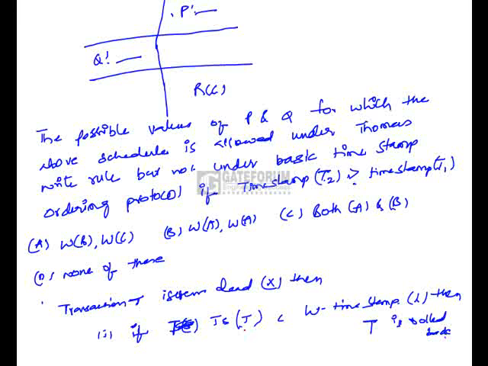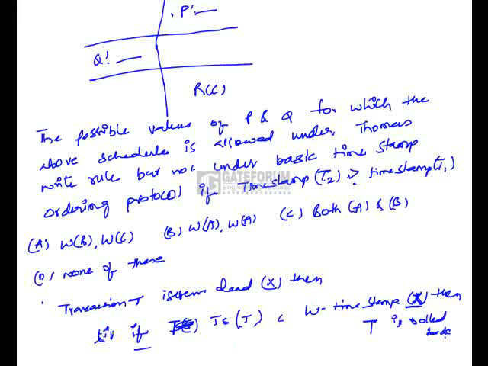Why? Because if the timestamp of T is less than the write timestamp of X, where the write timestamp of X is the timestamp of the transaction which has written the value X most recently, that means a transaction which has come earlier is trying to read a value already updated by a transaction which came after its arrival.